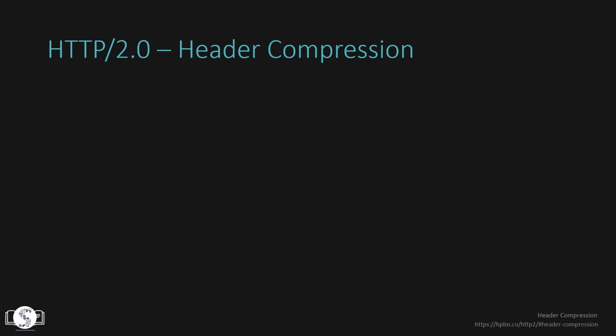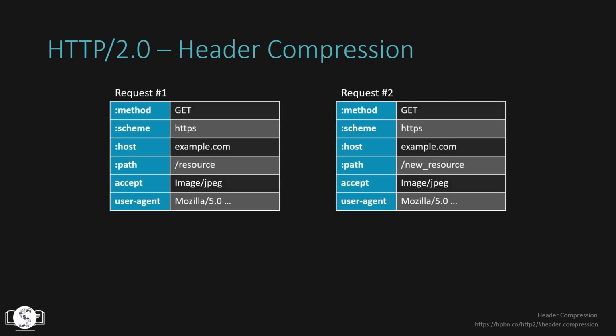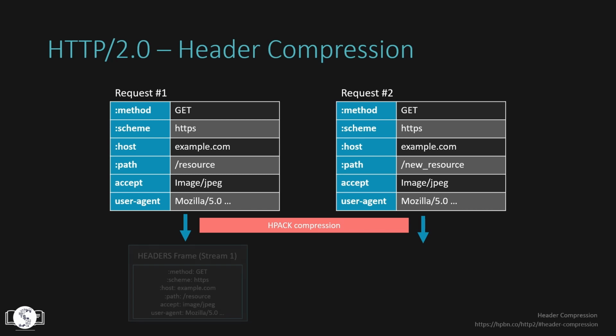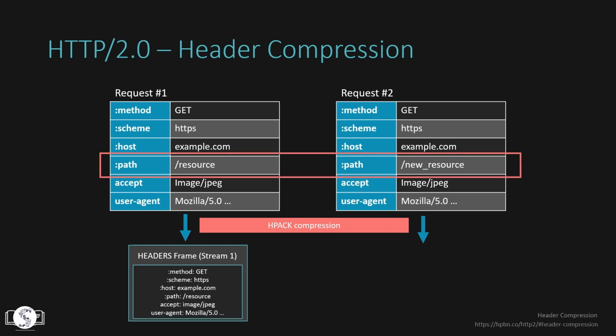To reduce this overhead and improve performance, HTTP2 will compress request and response header metadata using the HPACK compression format, which reduces their individual transfer size. Additionally, HPACK can keep track of the previously conveyed metadata fields and further compress them according to a dynamically altered index shared between the client and the server.